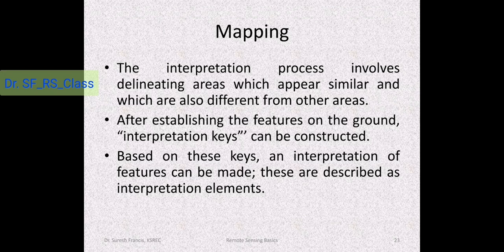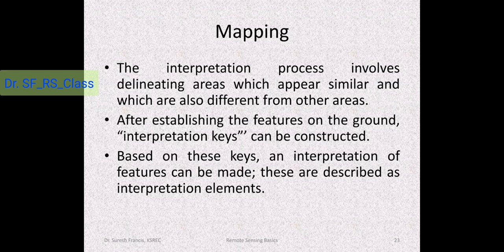The process involves first identifying the boundaries of objects with a similar tone, similar texture, similar color. All these interpretation keys can be utilized to mark the boundary of the objects. And based on these keys and elements, features can be extracted.